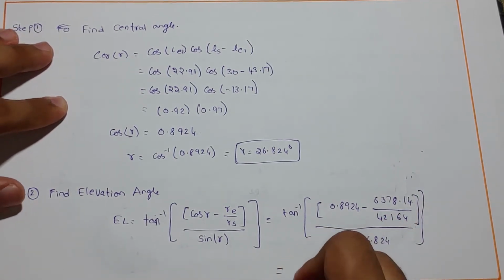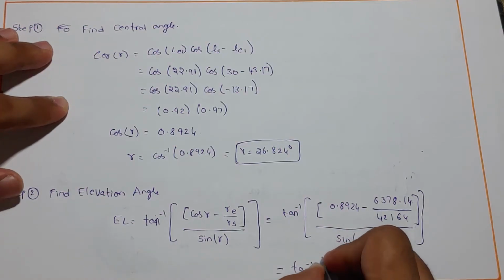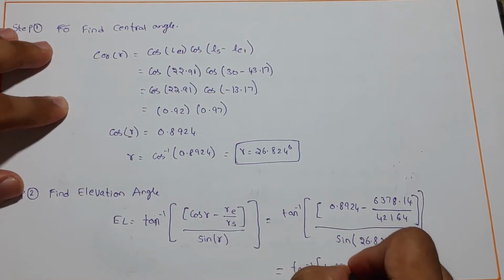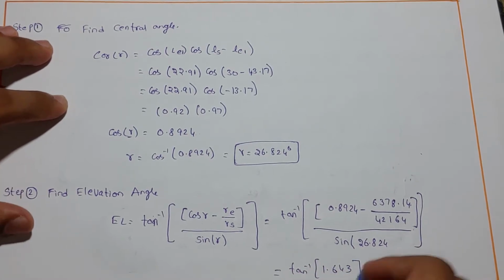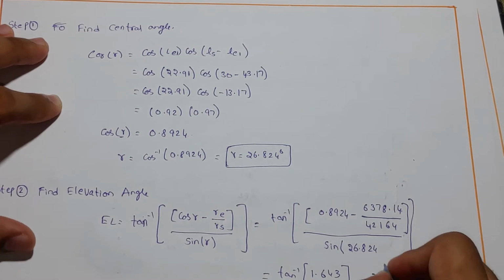On doing this calculation, you will get tan inverse of 1.643, and tan inverse of 1.643 is equal to 58.67 degrees. So this is the elevation angle.